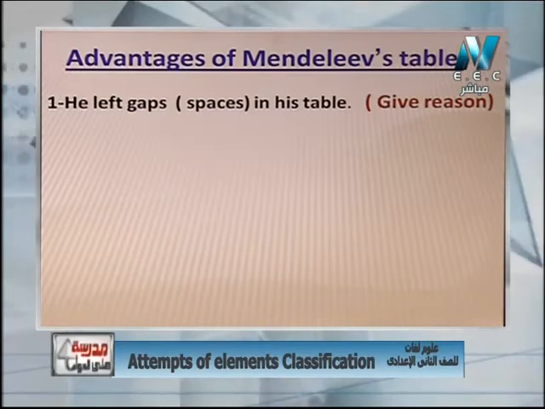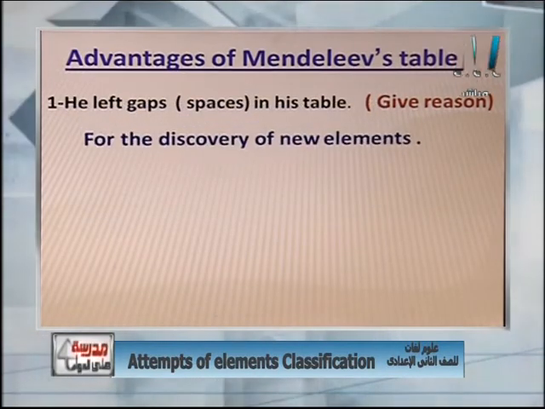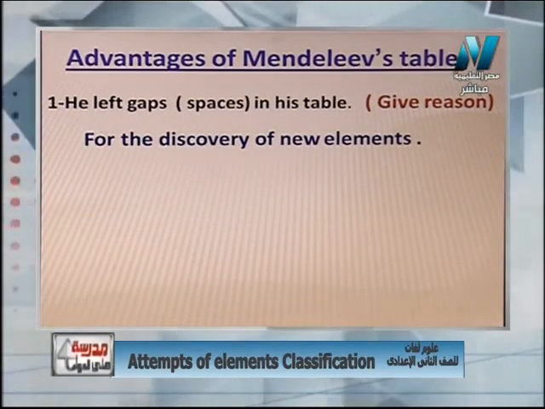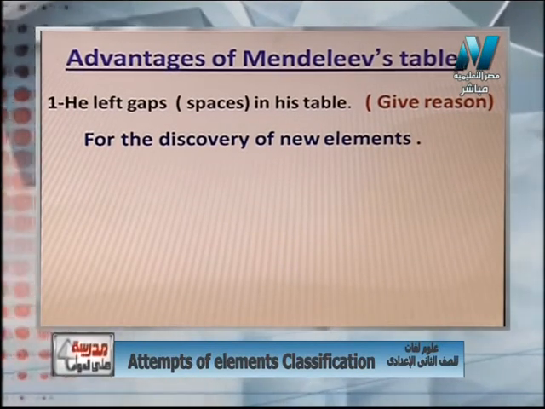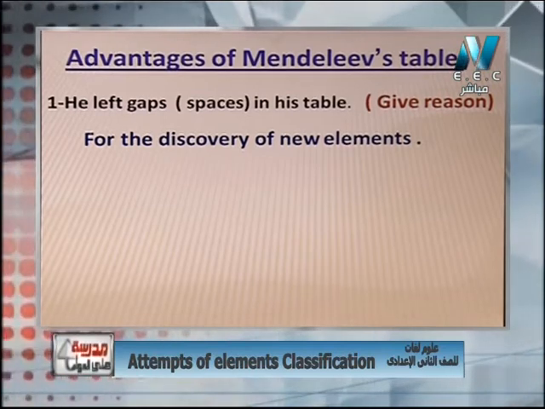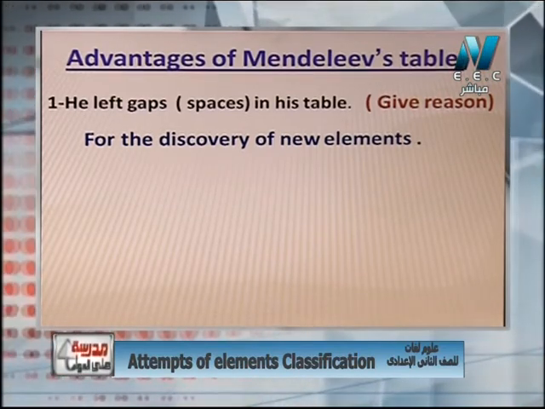Now, what about the second advantage? Let's see. Number 1, he left gaps or spaces in his table. Why? For the discovery of new elements. What is meant by this? When Mendeleev arranged his table, he put card number 1, number 2, number 3.